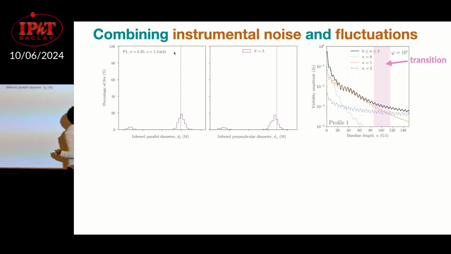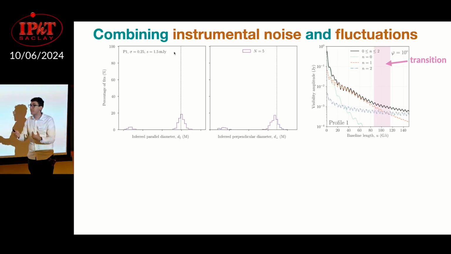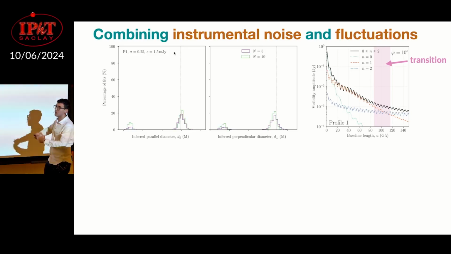And the reason is that you can be at a place you are observing for a particular profile, n equal 1, where you are at a transition. So this is quite challenging because we don't know the transition where the direct image to the first photon ring is being dominated. So you just put in this noise, now you start averaging, and then these two peaks appear.